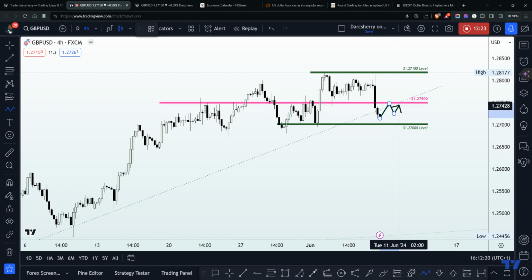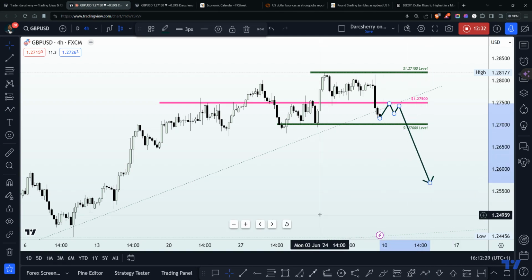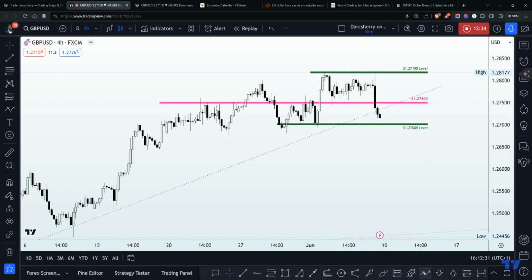And if price continues to stay below this ascending trend line, then this will be a good signal for us to join selling opportunities. However, if price action climbs back above the 1.275, price will be back above that ascending trend line.